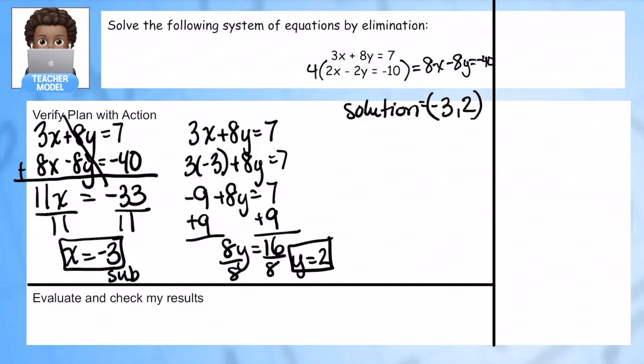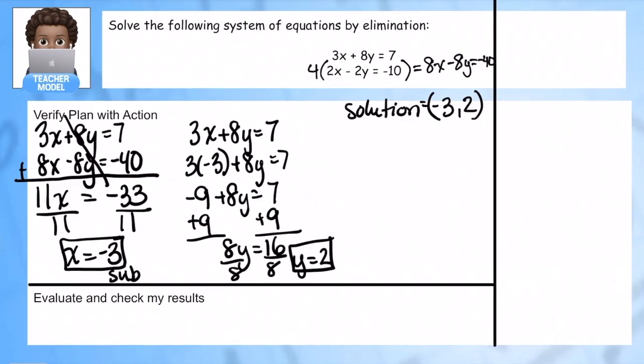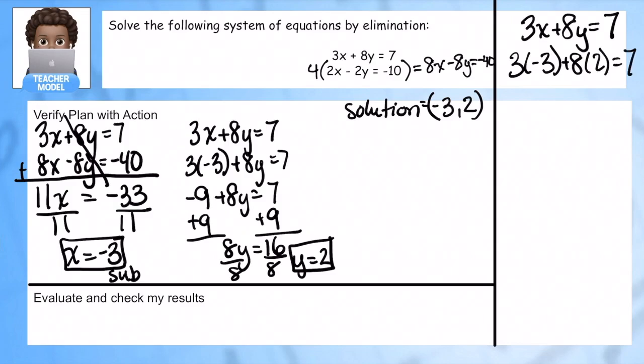I do want to check it algebraically, so let's do a quick check. That means I'm going to substitute into both. Now I get -9 plus 16 equals 7, and yes, -9 plus 16 is 7.